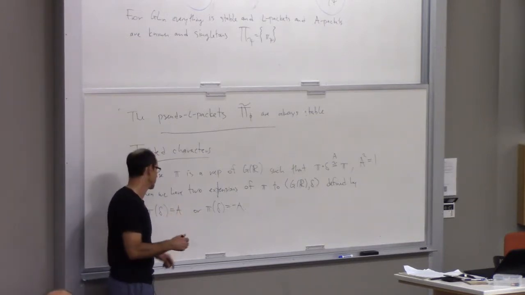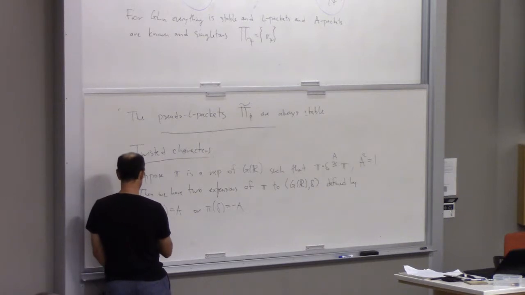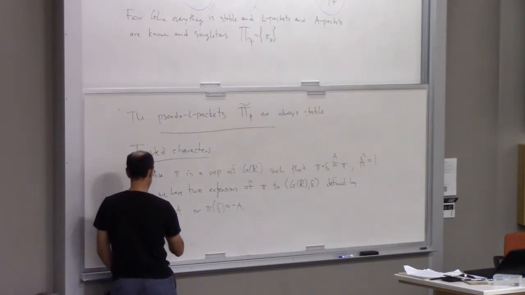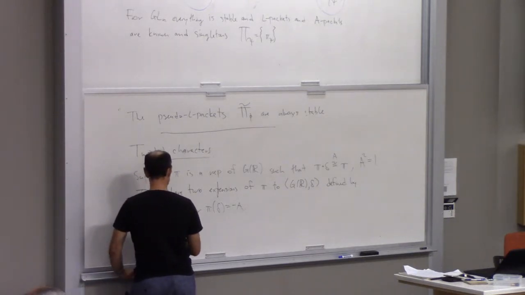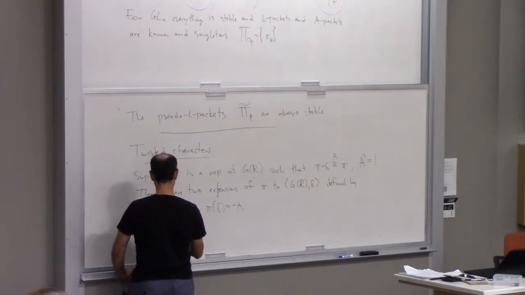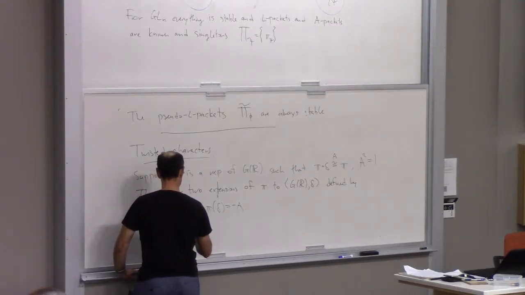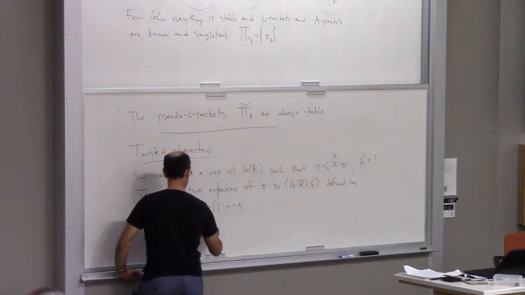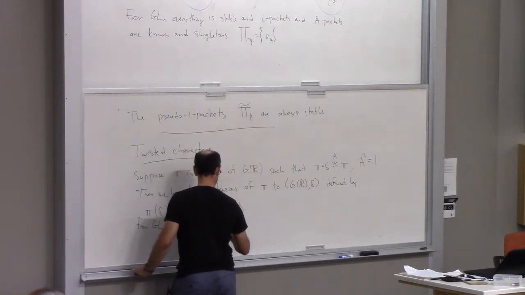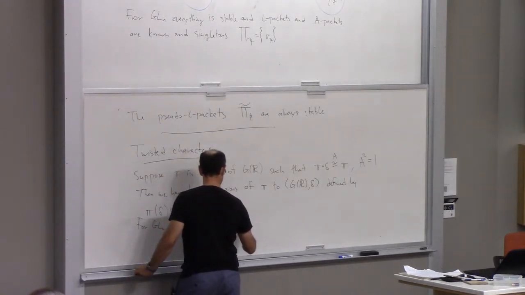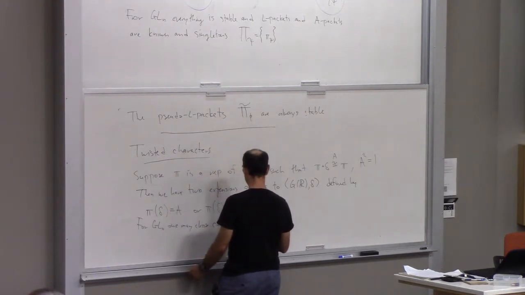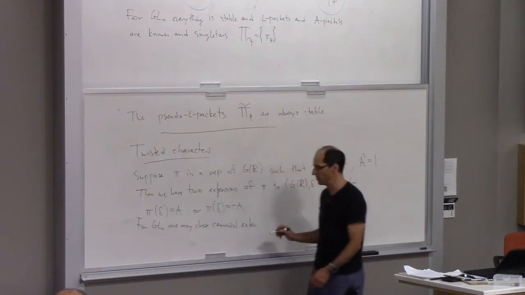So for GL(N), this problem is resolved. One may choose canonical extensions. Okay, can't do that for any group, but for GL(N) you can.